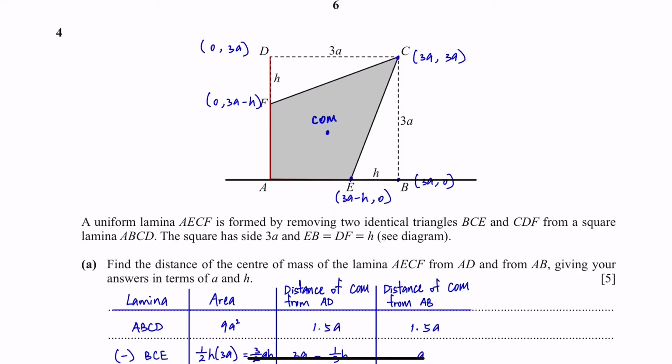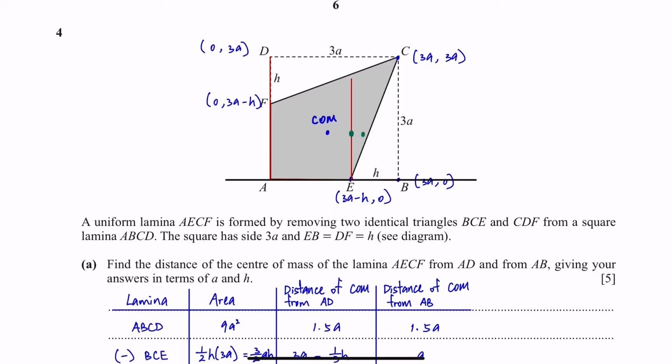In order for it to remain in equilibrium, we know that the COM shouldn't pass this line, right? So if the COM is here, that's the maximum place that it won't topple, right?